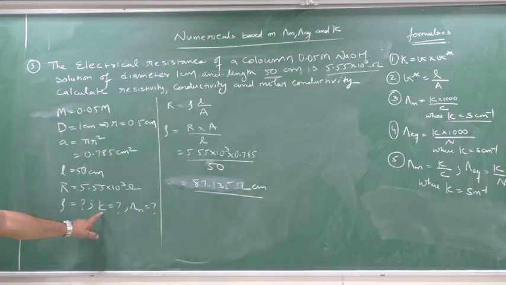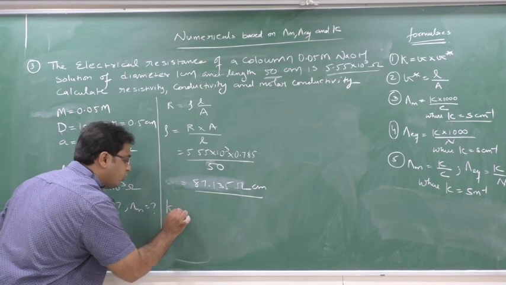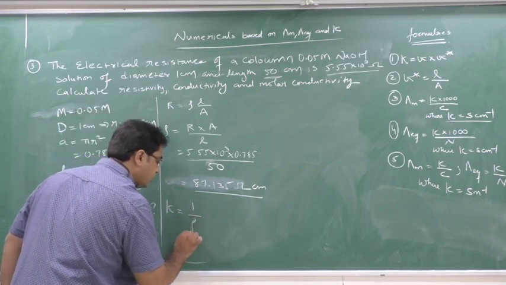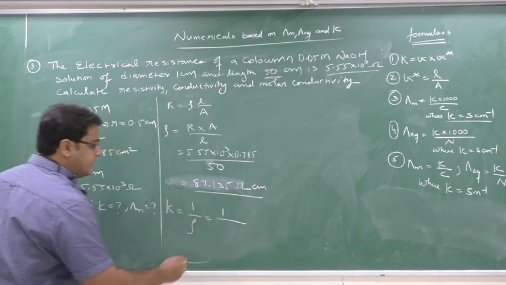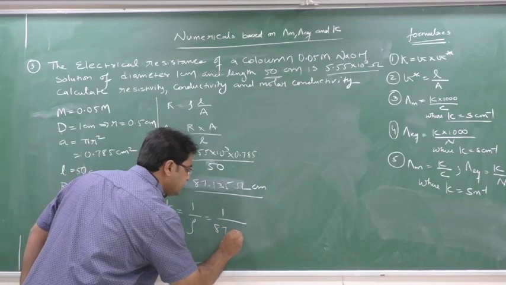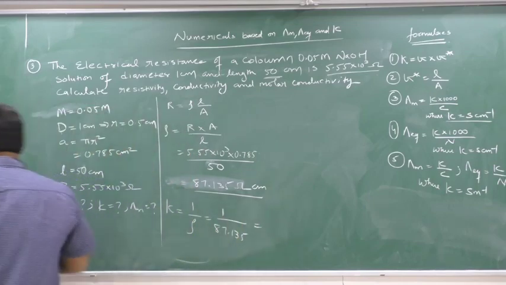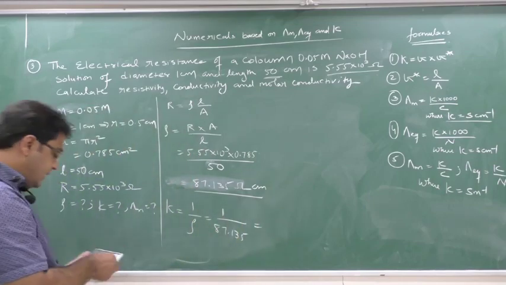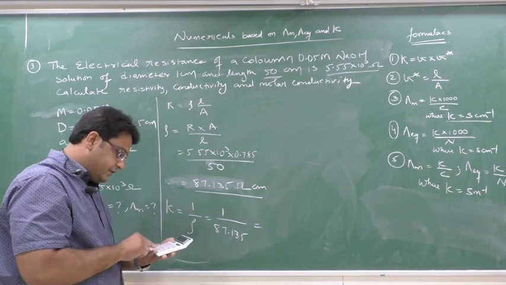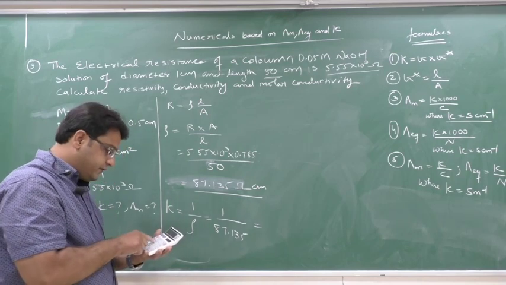Now they ask you to calculate K, and K you know is nothing but what? Ohm inverse, no? 1 by rho. So 1 divided by 87.135.